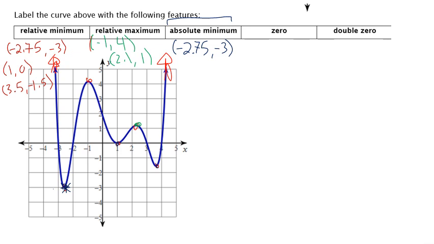What we're really going to see a lot of is talking about zeros. So our zeros are where the graph crosses the x-axis. In this case, it crosses at quite a few points, or touches at quite a few points. All of the zeros are going to have a y value of 0. So I have a point at -3, 0.